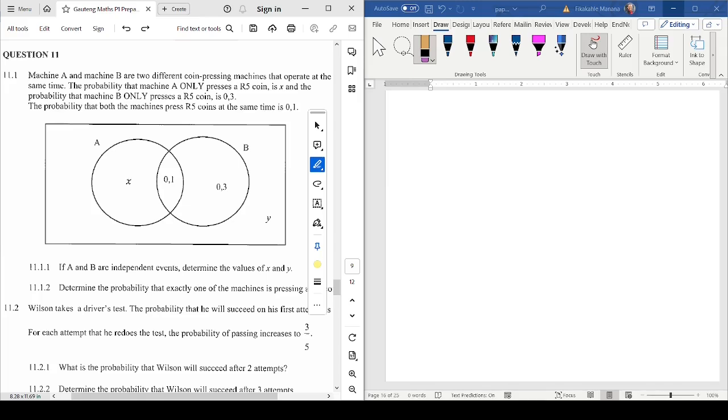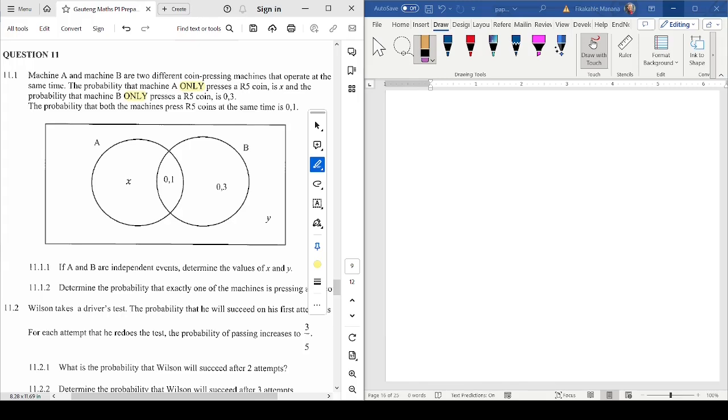Anyway, let's continue. The probability that machine A only presses a 5 Rand coin is x. I see it on my Venn diagram over here. This is a Venn diagram. And the probability that machine B only, once again, presses a 5 Rand coin is 0.3.